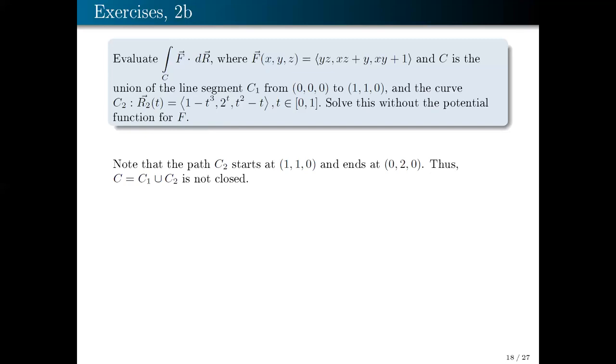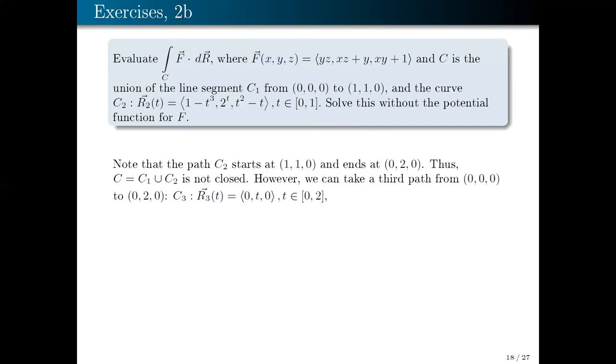However, just like what we did in item 2A, we can consider a simpler path from the start point 0, 0, 0 to the end point 0, 2, 0. What would that path be? Let's take this one. First and third components 0. Only the second component will range from 0 to 2. So that's 0, t, 0 with derivative 0, 1, 0.